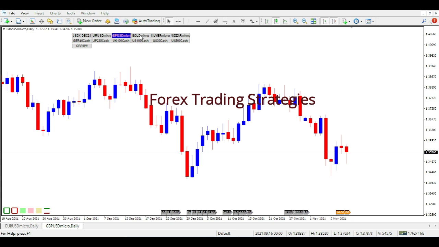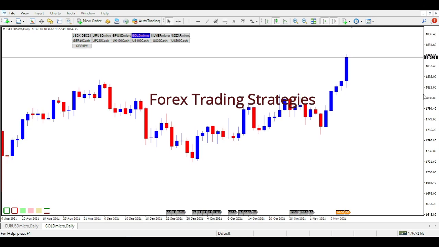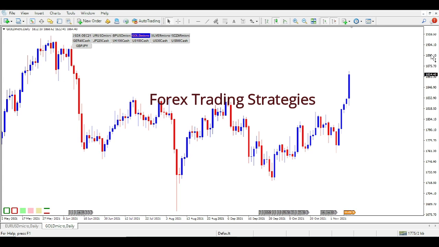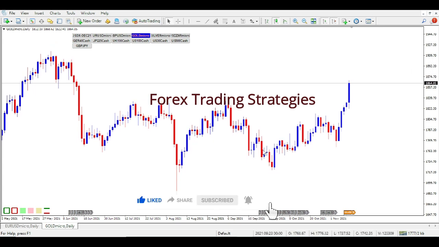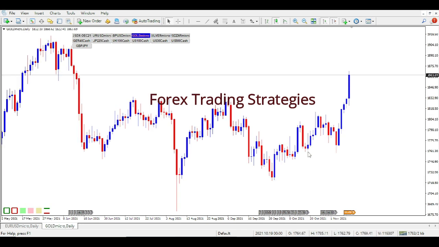Gold. Gold has been crazy this past week. That's why I was hesitant to use gold as an example, because I trade gold and silver as well. Last week, that negative correlation between gold and the dollar index was just madness, because the dollar index was going up and gold was going up. Usually gold falls when the dollar index goes up.